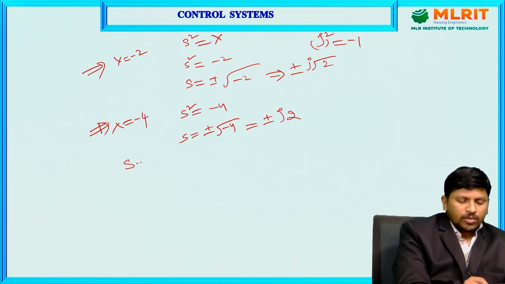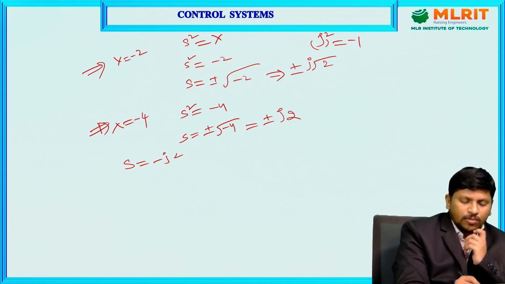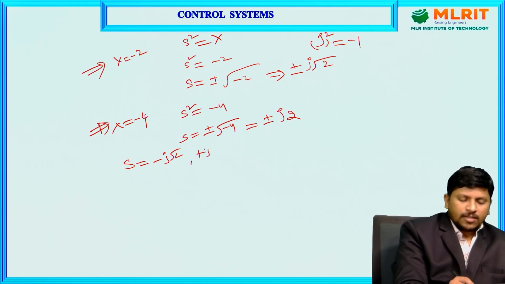So how many roots? s roots: s1, s2, s3, s4. So minus j root 2, plus j root 2, minus 2j, plus 2j.